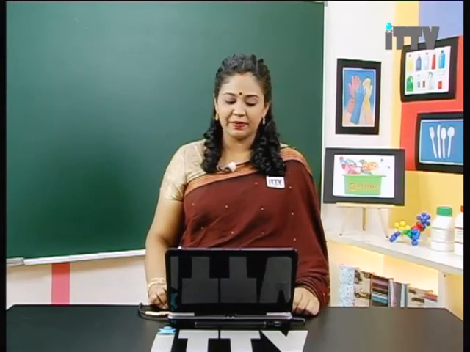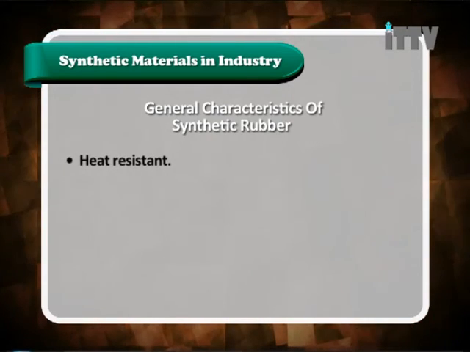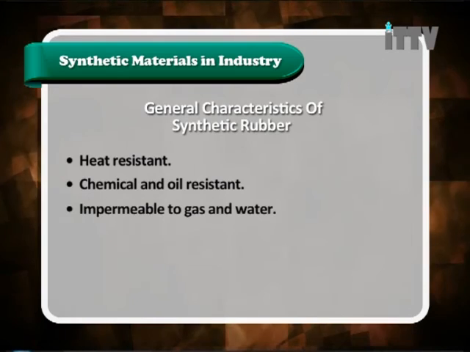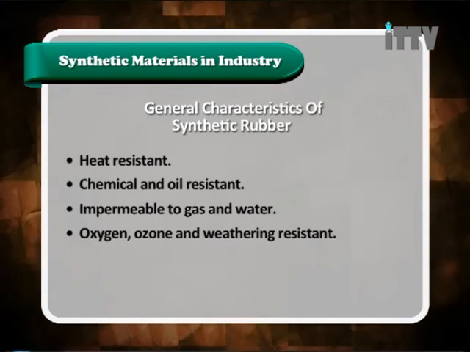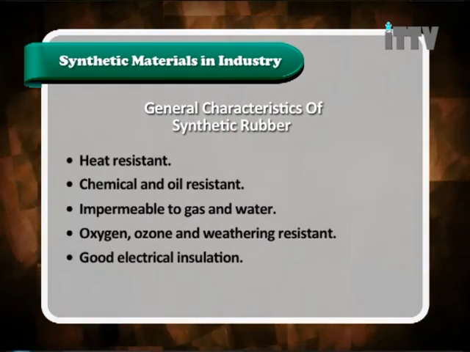General characteristics of synthetic rubber: heat resistant, chemical and oil resistant, impermeable to gas and water, oxygen, ozone and weathering resistant, and good electrical insulation. So these are the things that we have learned today.